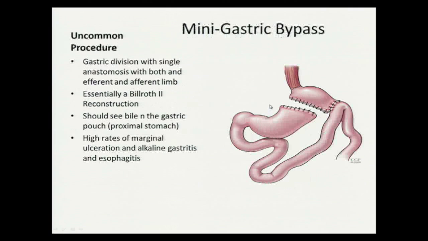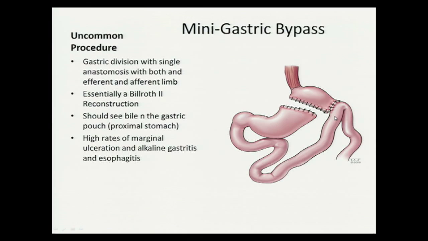The mini gastric bypass, this is a procedure that in pockets throughout the United States is somewhat more common. This operation essentially has a gastric manipulation where there is going to be an anastomosis, essentially what looks like a Billroth 2. You're going to have both an afferent as well as an efferent limb. The hallmark of this operation is going to be bile within the gastric portion, and two separate lumens as well.